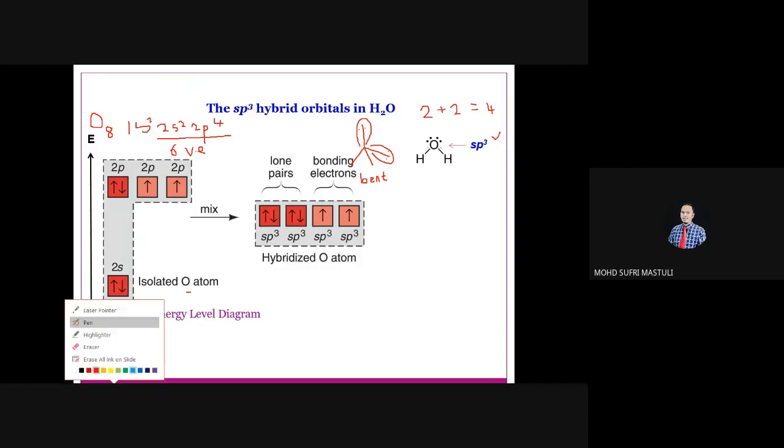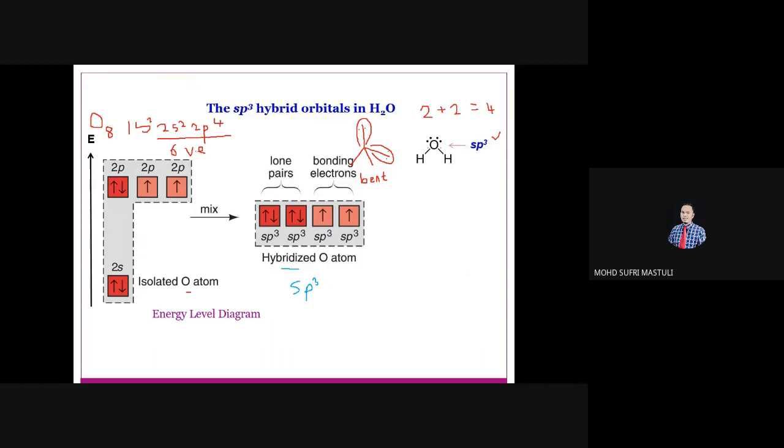But you can see only two single electrons are enough to form bonds with one hydrogen and another hydrogen, but we have two lone pairs. This can be a lone pair, this can be a lone pair. So we have to proceed with hybridization to form sp3. It goes the same as ammonia.